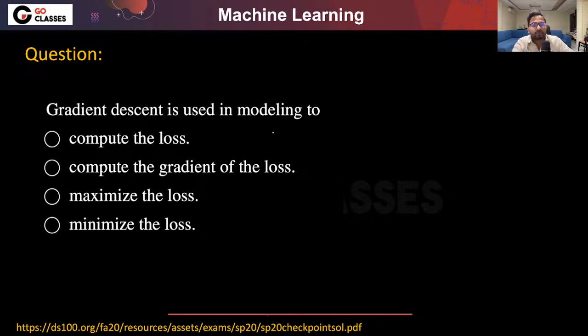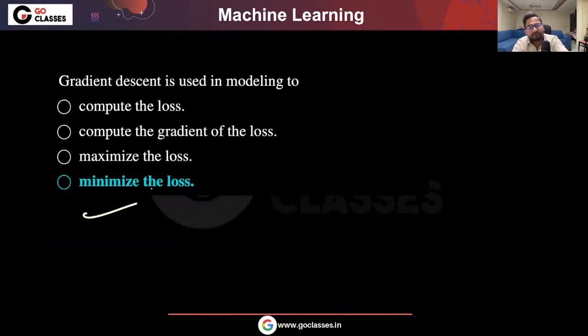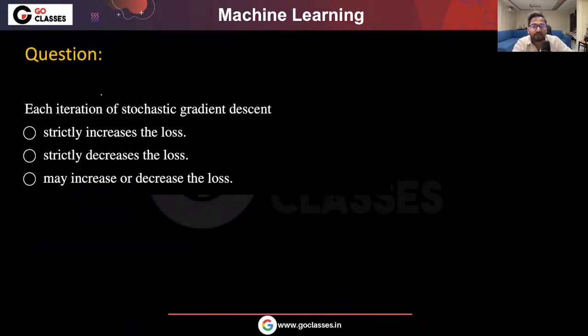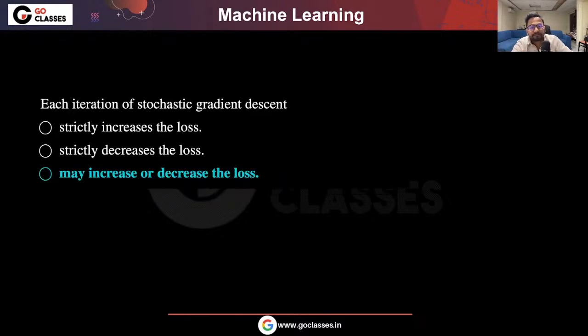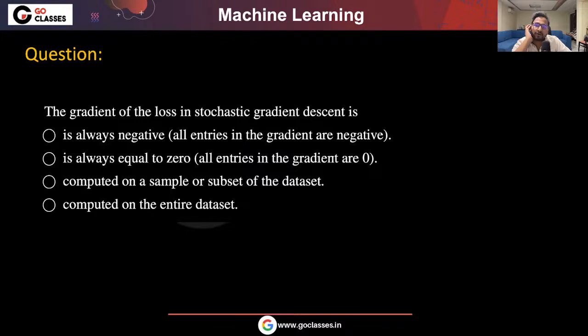Gradient descent is used for minimizing the loss, right? Easy question. Each iteration of stochastic gradient descent may increase or decrease, right? May increase or decrease. Again, easy question. The gradient of the loss in the stochastic gradient descent is always negative, or equal to 0?